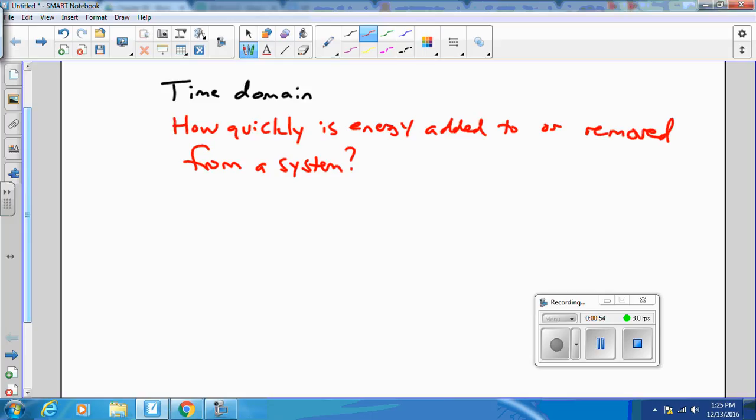And this quantity, the rate at which energy is added to or removed from the system, we're going to call power. And the symbol for power is capital P, and we're going to compute that, as said above, as the rate at which work is done on the system.